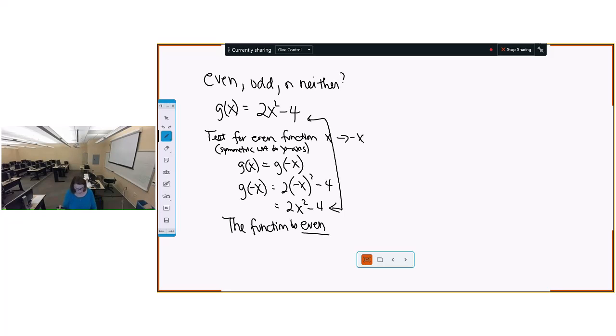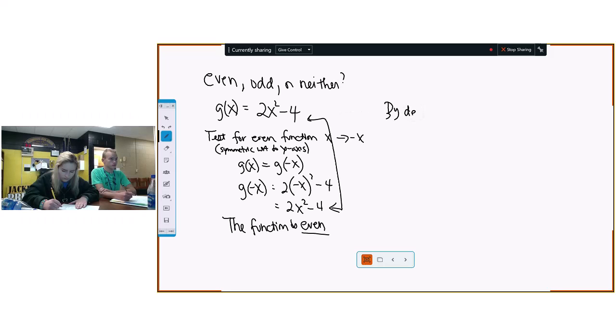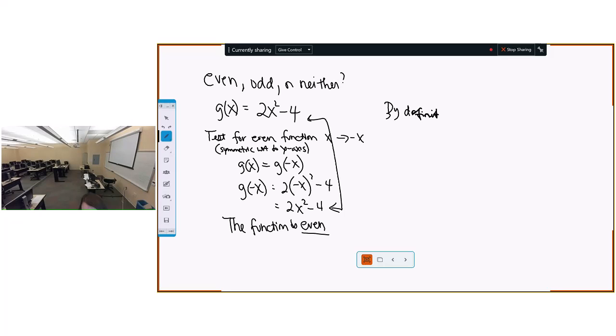Okay, so we know that the only function that's both even and odd is f of x equals 0, and it's not this one. So by definition, the function is not odd, and that's because we just found out it was even.